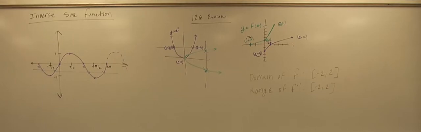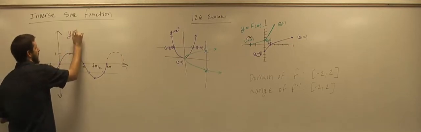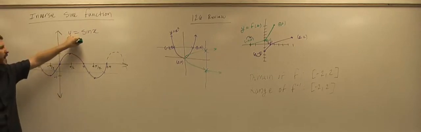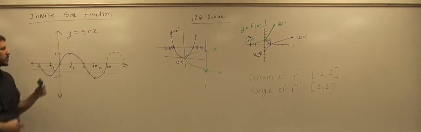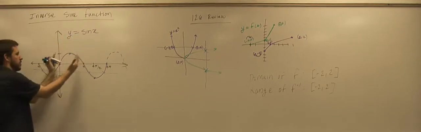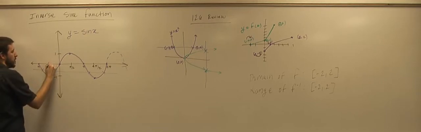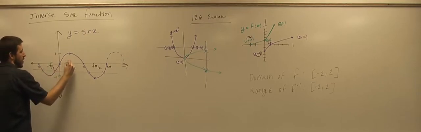So what we do to fix that up is we do something called restricting the domain. I'm going to change the domain of my sine graph for this application. Instead of assuming that the domain of sine is all real numbers, which is what we usually assume, I'm going to restrict it to a smaller window. And usually the window we restrict to is negative pi over 2 to pi over 2.